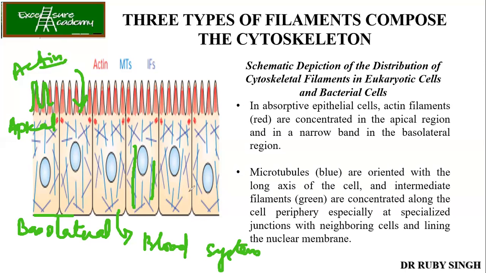Then talking about the IFs, that is intermediate filaments, they are also present from one end of the cell to the other end. It is the intermediate filaments which are responsible for connecting two cells, or adhering two cells together. These two cells will be adhered to each other with the help of IFs. IFs are also responsible for keeping your cells adhered to the extracellular matrix.